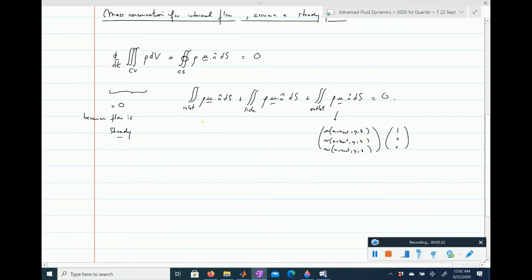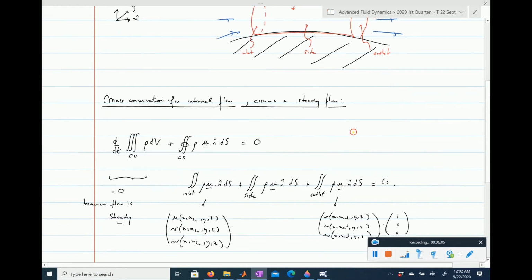Likewise, on the inlet, we have our velocity vector, which has in the x component the velocity u at x inlet, y, z, v at x inlet, y, z in the y direction, and in the z direction, w at x equals x inlet, y, z.